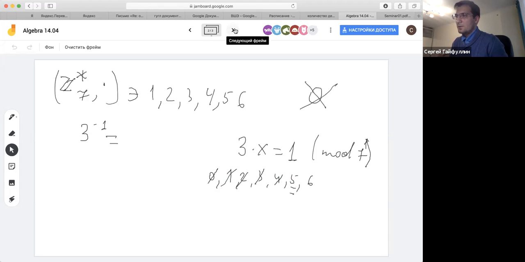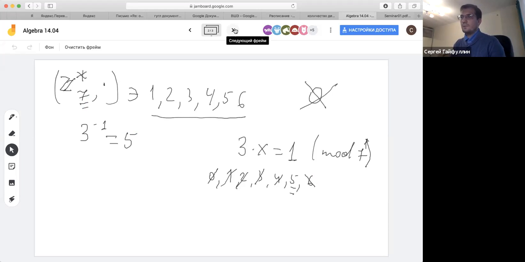And 6 multiplied by 3 is 18, it's not 1 modulo 7. So this is the solution, and we understand that 3 is an invertible element. So all these elements are coprime with 7, and hence they are invertible modulo 7.